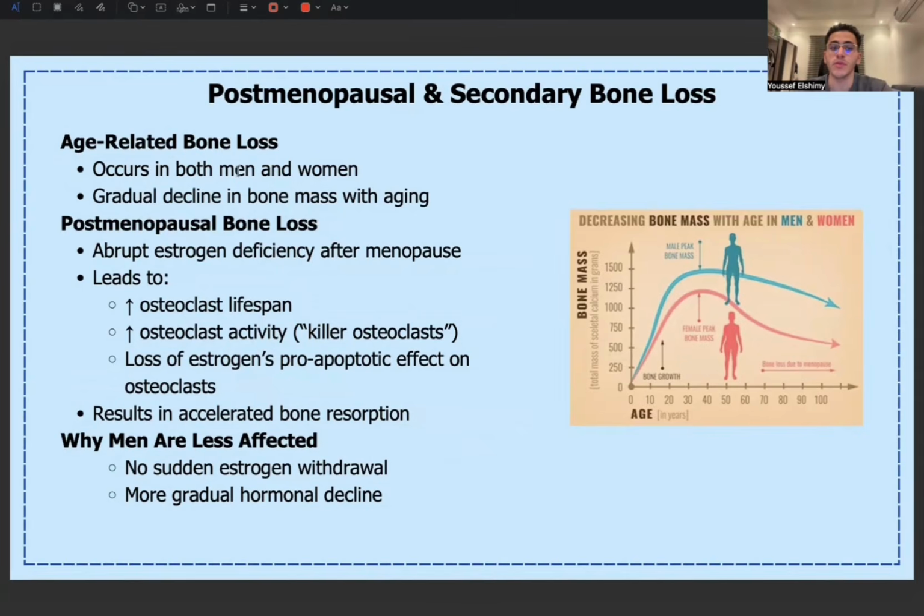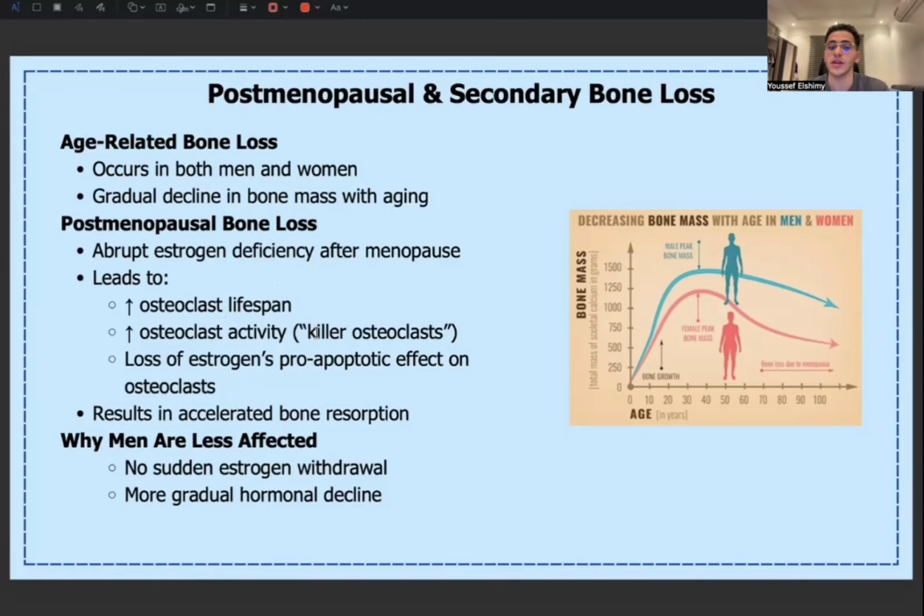This happens in both men and women, and it is basically a gradual decline in bone mass with aging, especially in postmenopausal bone loss. Because in menopause, there's sudden estrogen deficiency in the woman. And we mentioned all the protective effects of estrogen for the woman. So if there's no estrogen or very low estrogen, it would lead to an increased osteoclast lifespan and increased osteoclast activity.